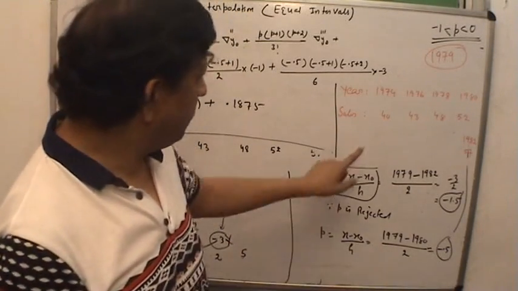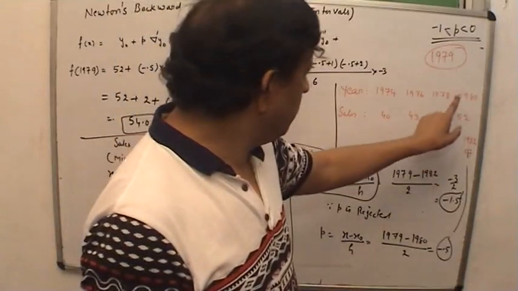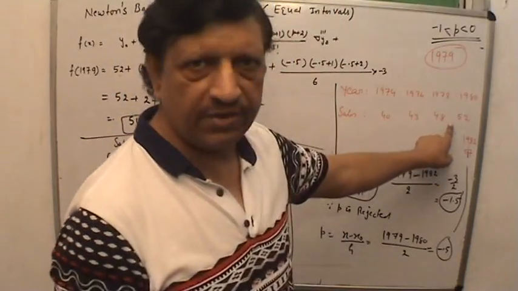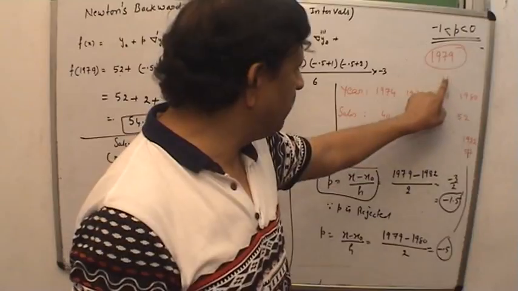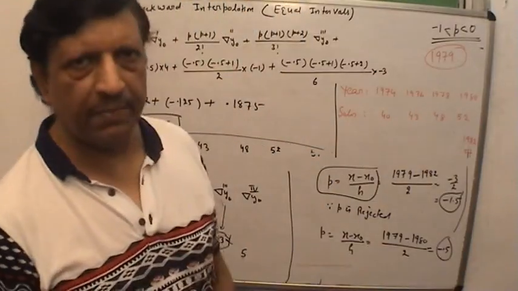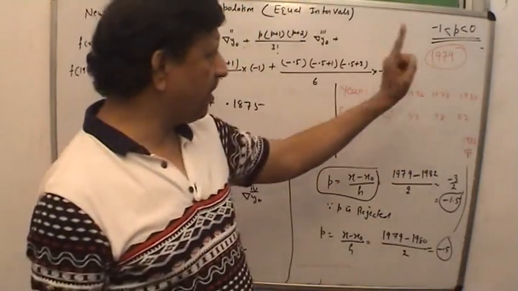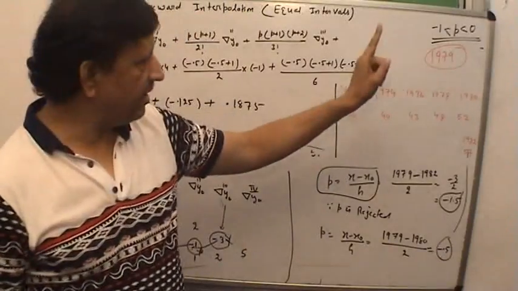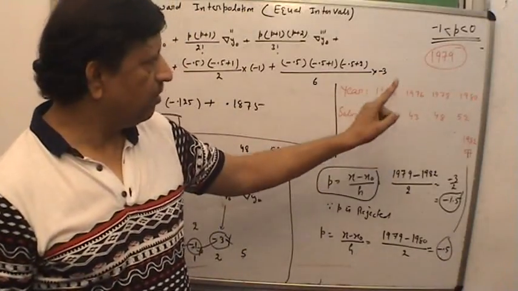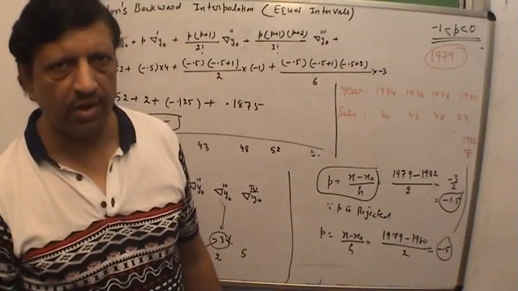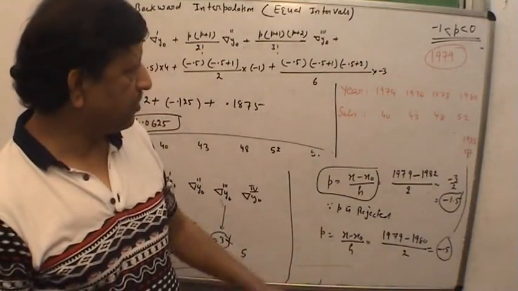Let us see, 1979 lies at the end of the data. It means we will follow the rules of the backward interpolation. If the point of interpolation lies at the beginning of the data, we follow the rules of the forward difference interpolation.